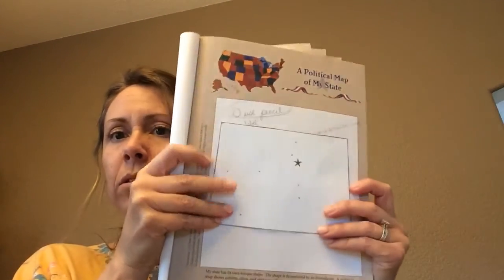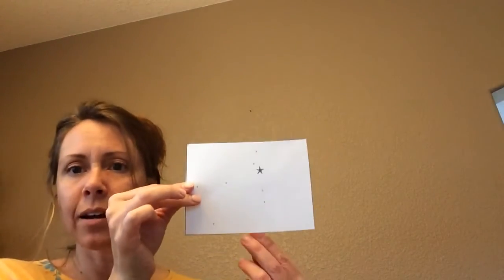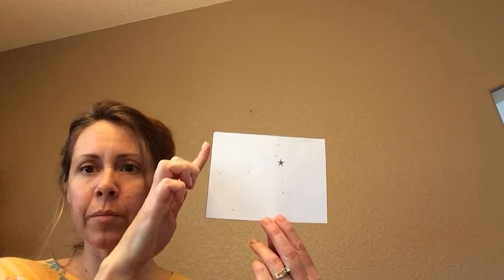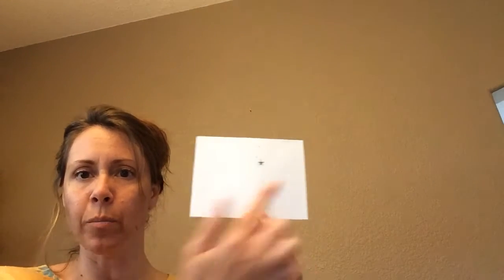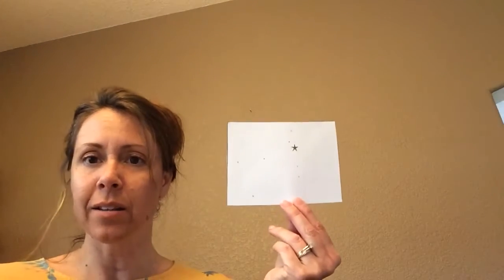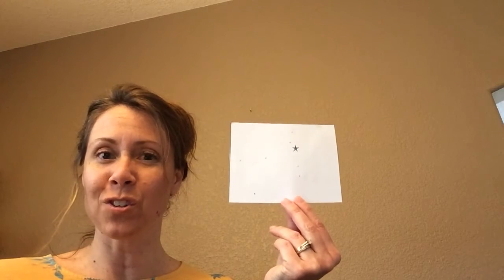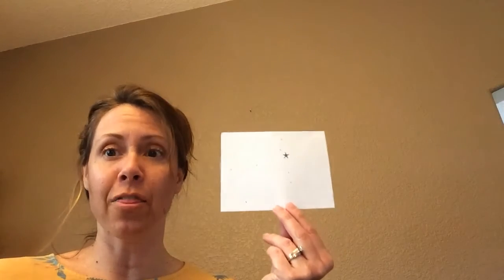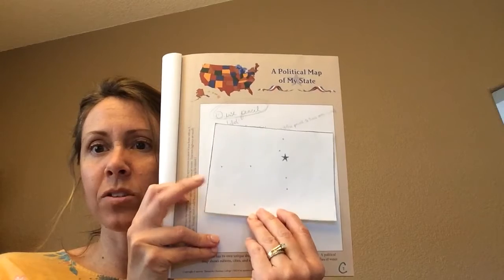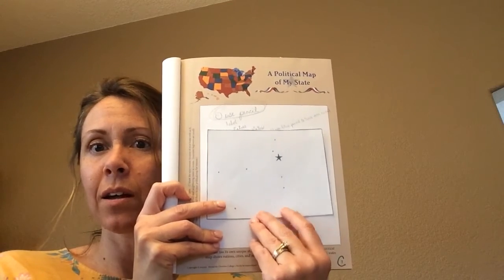Okay, so it doesn't look like a perfect square. You can see that it's got a little bit coming out on either side. Not a perfect rectangle, I should say. So you're going to draw this size in your book. It should be about that big.